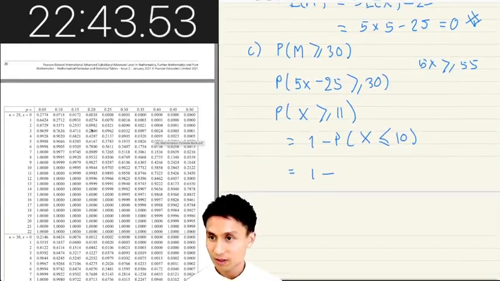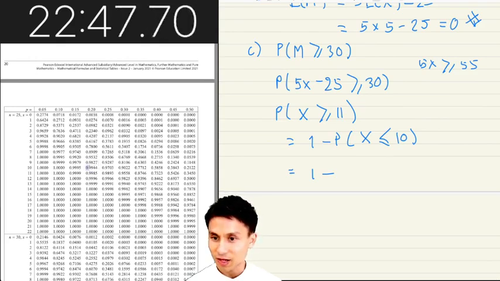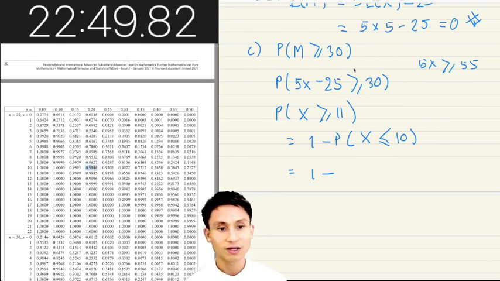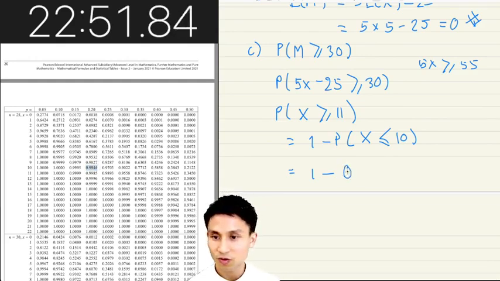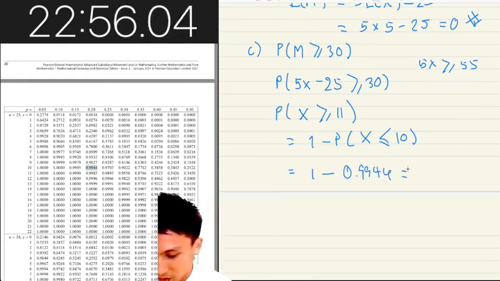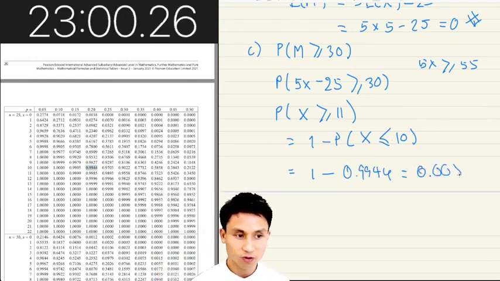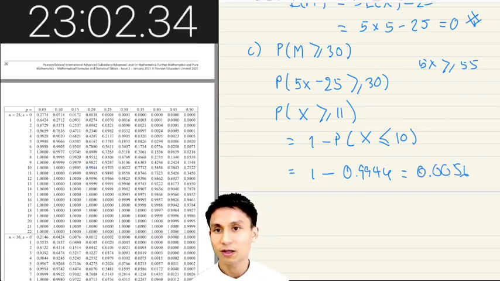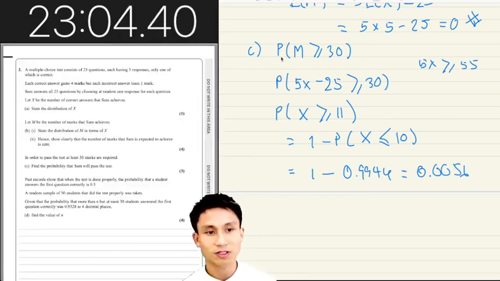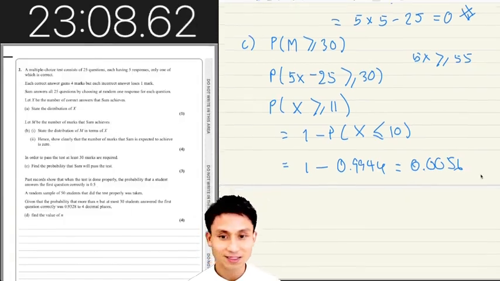We need x less than or equal to 10, so that is the value there. I'm writing down 0.9944, and 1 minus 0.9944 gives me 0.0056. Going back to the question, that will be the probability that Sam will pass the test.